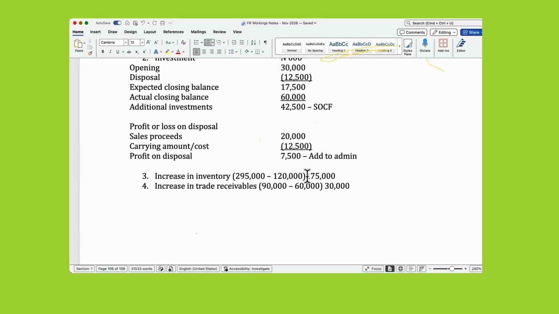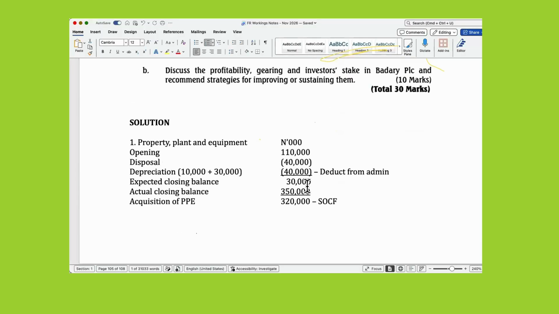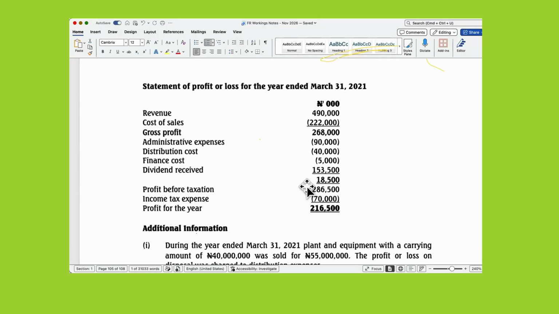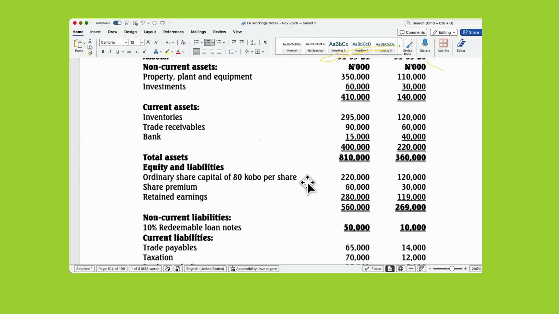Like me, I already know I'm going to add the inventory increase back to my cost of sales, and deduct this one from receivables, from revenue. When you have solved questions, you will see that everything is just the same. Just do the movement, you're done.